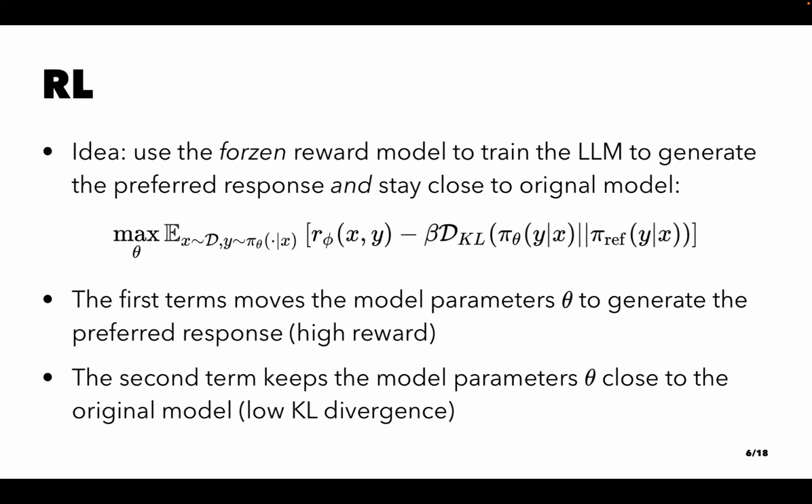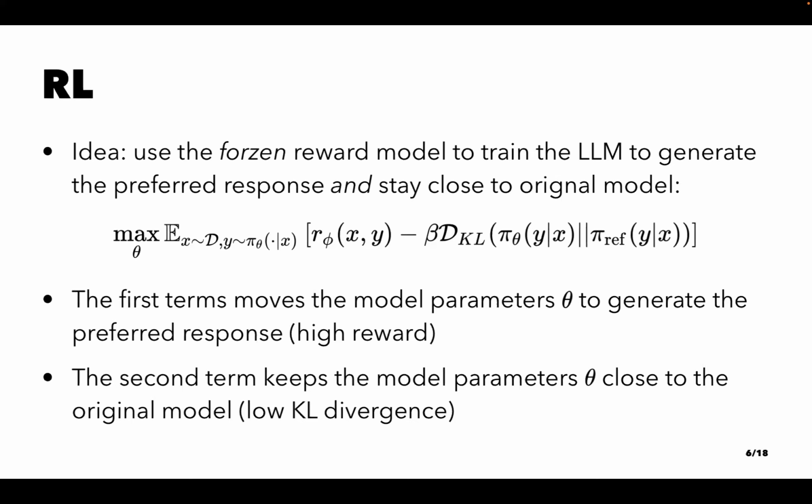And also you don't want the model to go off the rails too much or start to exploit the reward model. So in order to constrain or regularize it, you have this KL divergence term with the parameter beta.